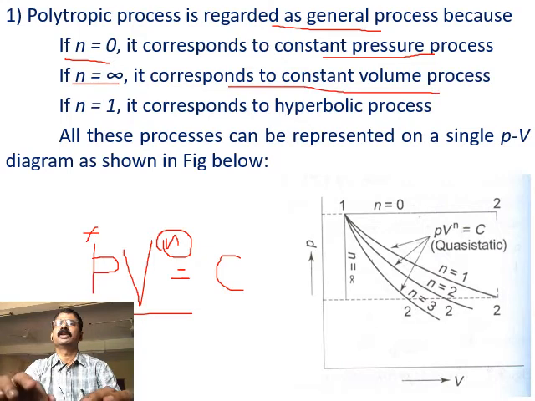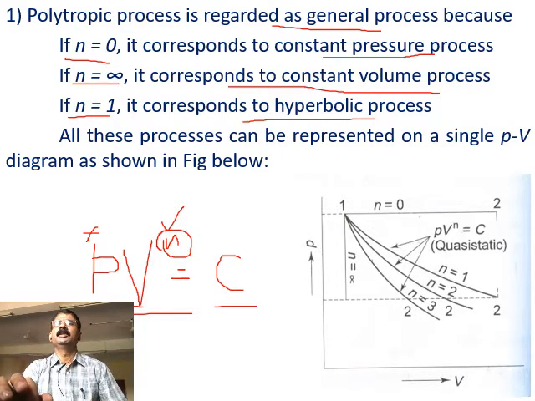V to the power infinity is a huge volume which is always a constant. Then if you substitute n is equal to 1, it becomes PV is equal to C, which represents a hyperbolic process.